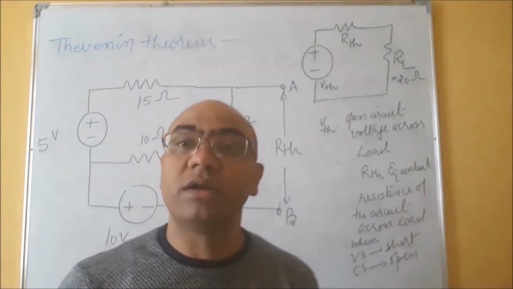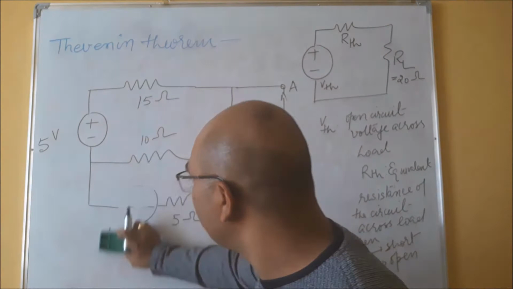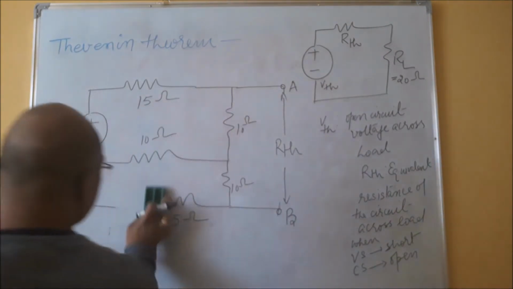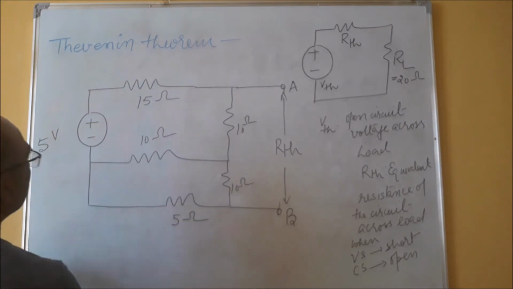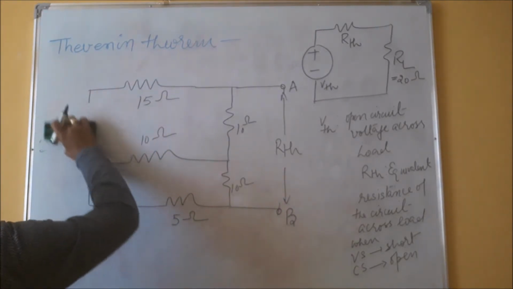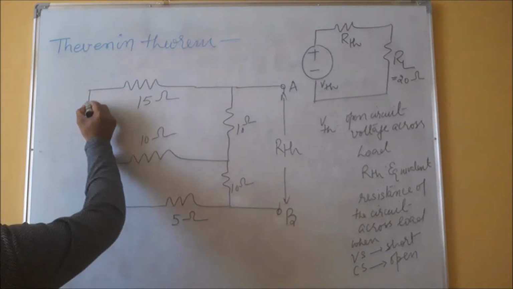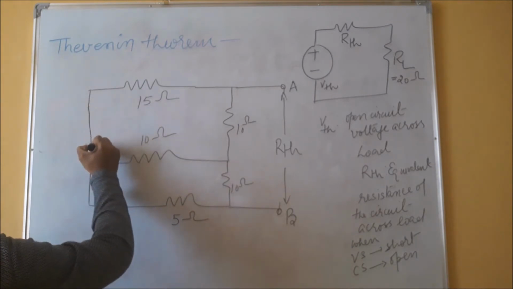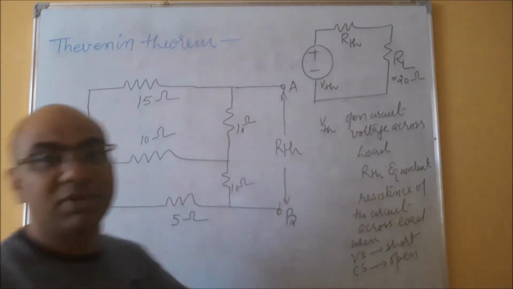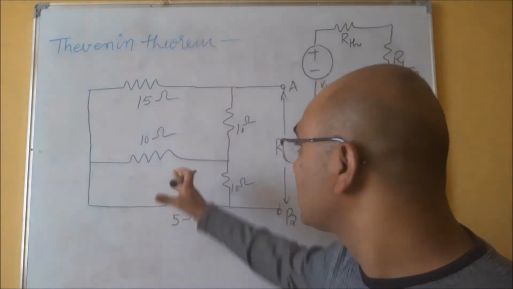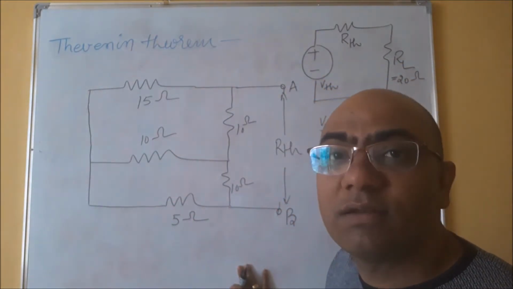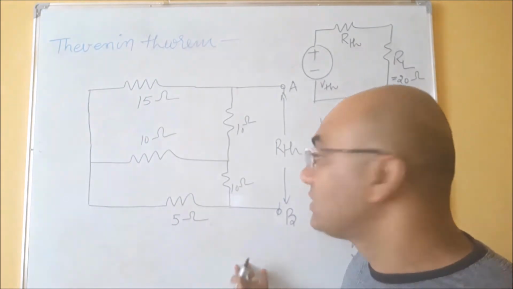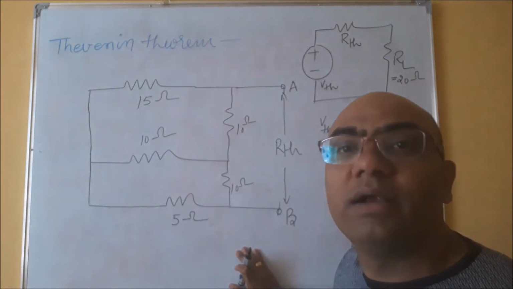We don't have any current source. So what we will do? We simply short this and simply short this, and this is a simple circuit having the resistances connected in this way. So if we solve it, we can find the overall resistance at terminal RTH.